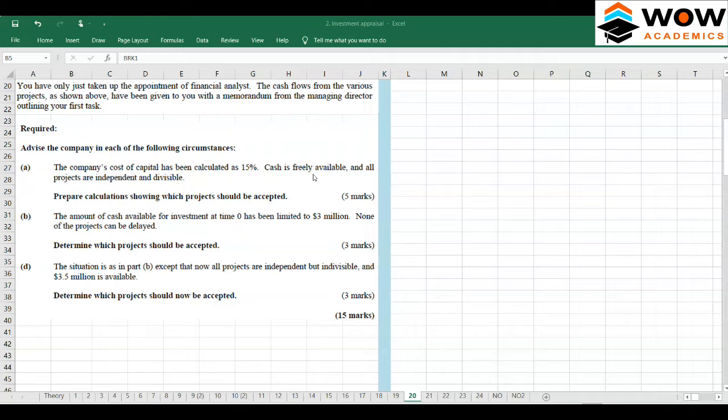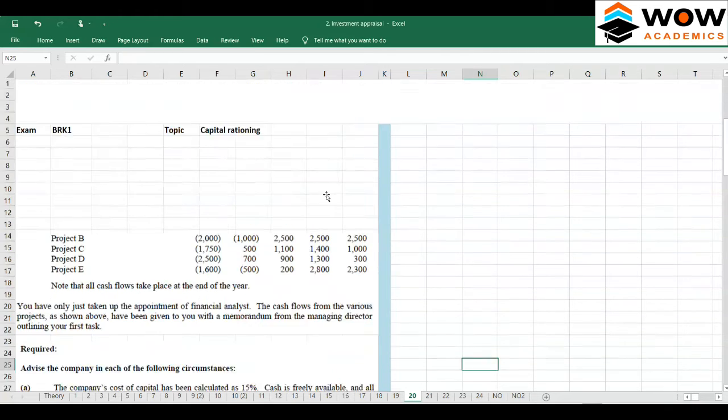Cash is freely available and all projects are independent and divisible. Divisible means you can even take a part of the project, so you can invest in 10%, 5%, 50% like that also. Prepare calculations showing which project should be accepted. Okay, so we'll start.